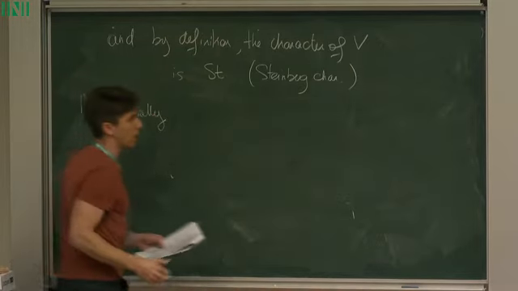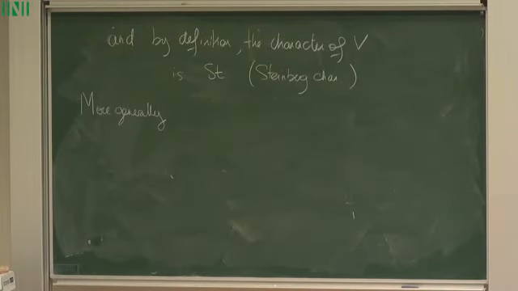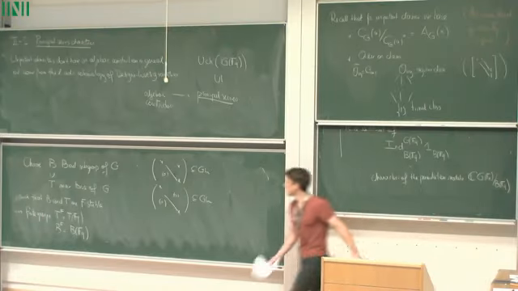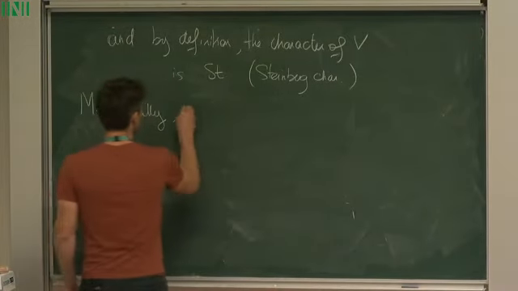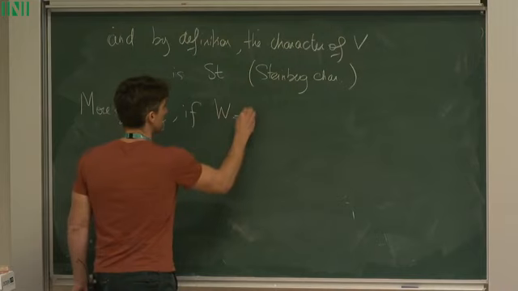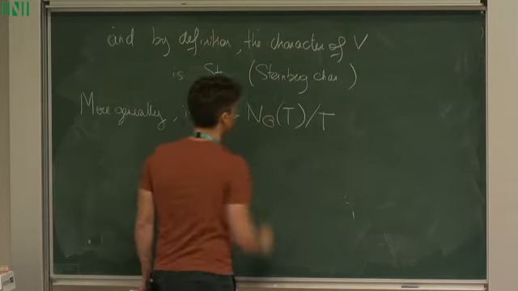If I want to understand what happens, I need to understand what this permutation module is. So for this, I will introduce the Weyl group, which Steve defined yesterday. It's just the normalizer of the torus, the algebraic torus, over the torus.